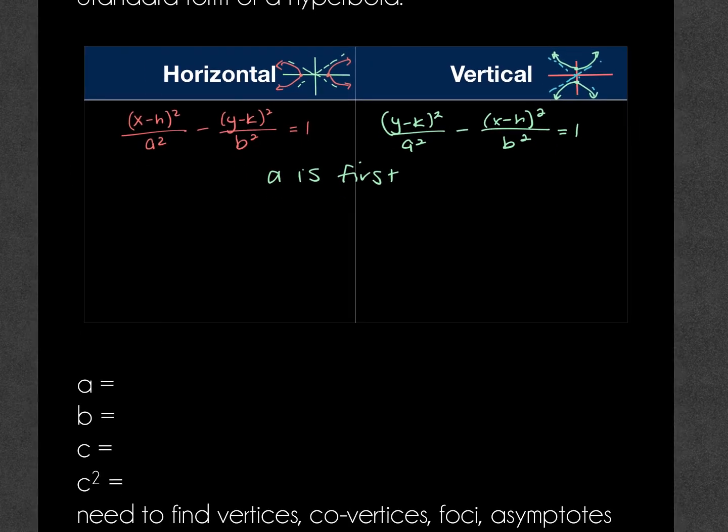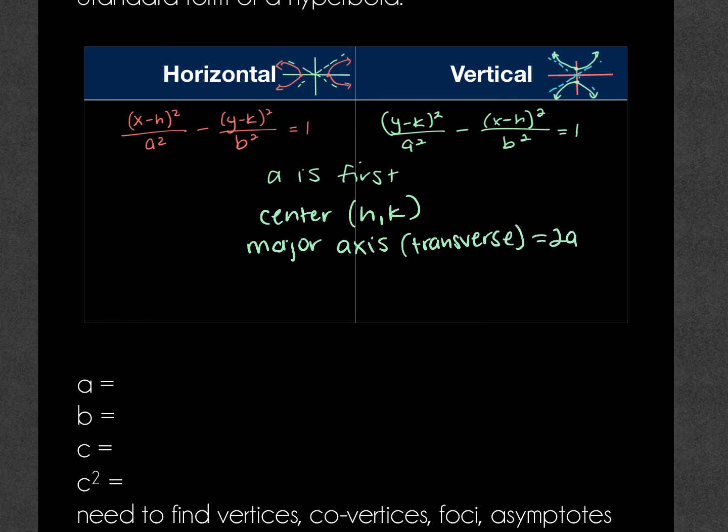a is the same this time. Well, let's start with the center. Center is h, k. This time they call the major axis the transverse axis, which is 2a. And the minor axis they call the conjugate axis, which is 2b.